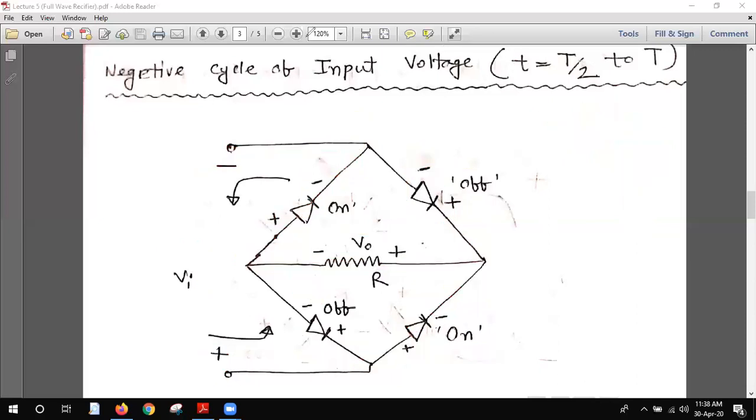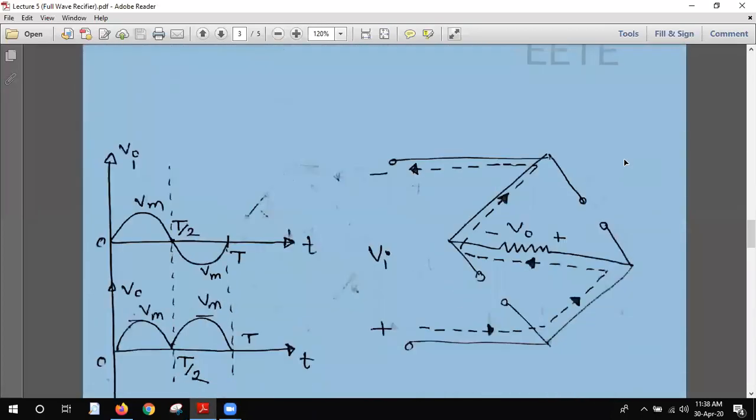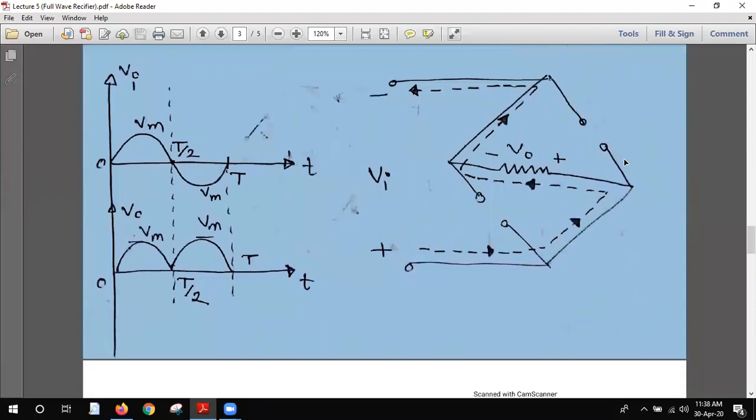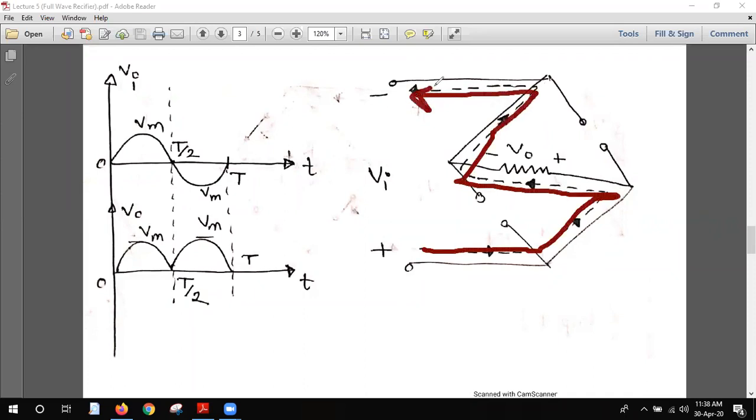So let's see a more detailed diagram that will help you. Suppose this one. As we have already seen, the current will start to flow from here and flow here, through the resistance, and finally this will be the current flowing direction.